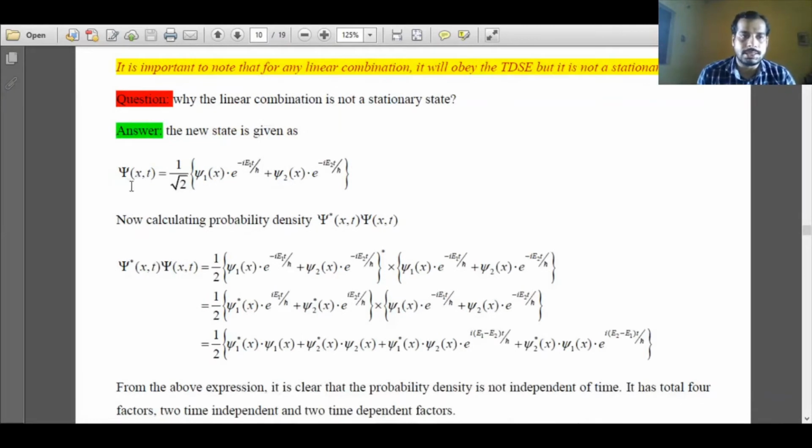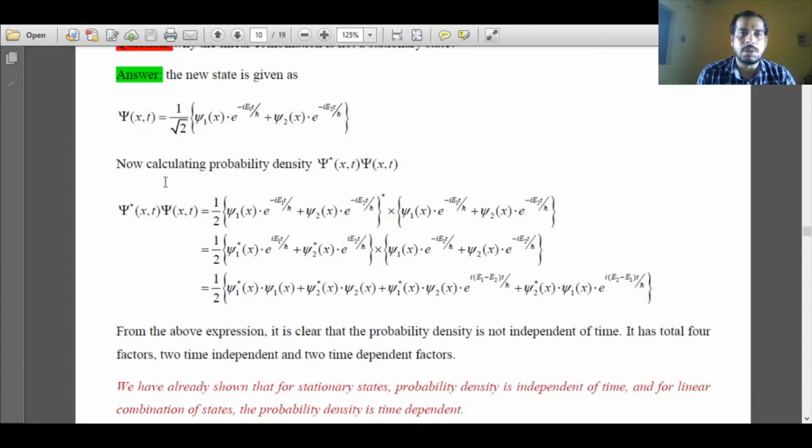Now as I said, it is a linear combination of states, so the new state psi of x, t is 1 over root 2, which is a normalization constant, times the first state plus the second state. Suppose we want to take the probability density. What is the probability density? It is the wave function multiplied by its complex conjugate.